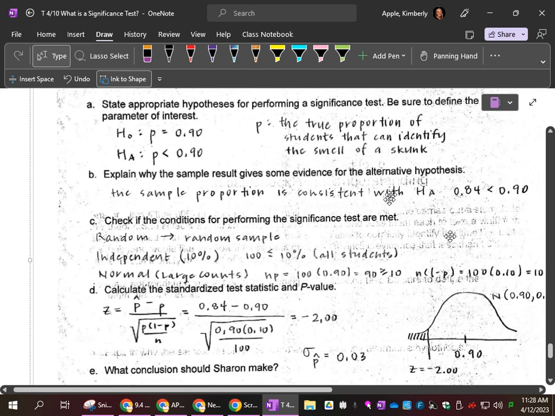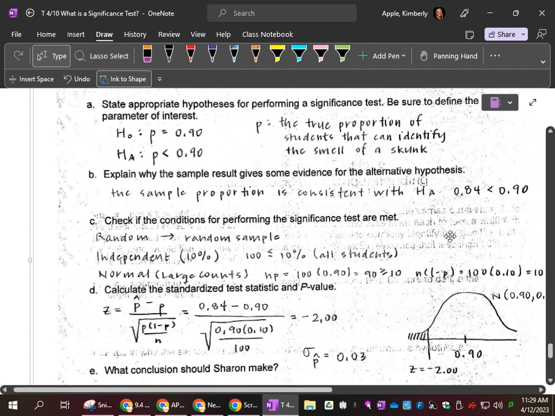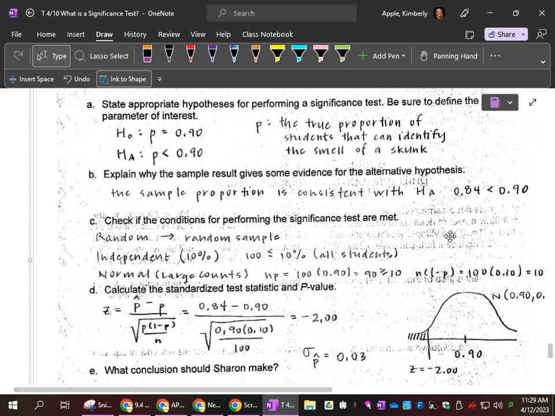And then notice that I clearly defined in words and listed what the parameter of interest is. It is P, and in words, that is the true proportion of students that can identify the smell of a skunk. In B, it's important that we understand that some evidence, an intuition sort of evidence, is different than convincing statistical evidence.